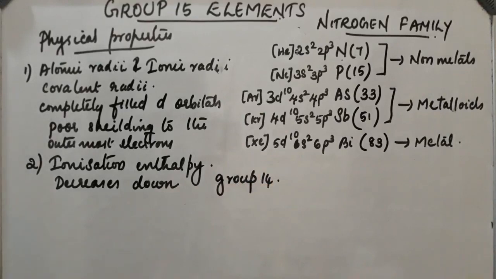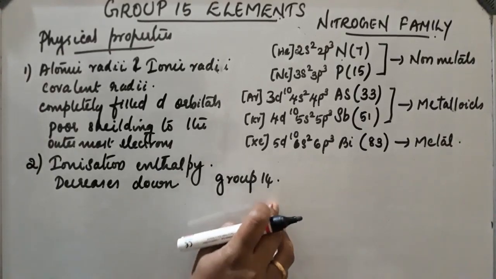Now, if we compare group 15 with group 14, we know in a period from left to right the size decreases. So, group 15 elements in the period have smaller size.